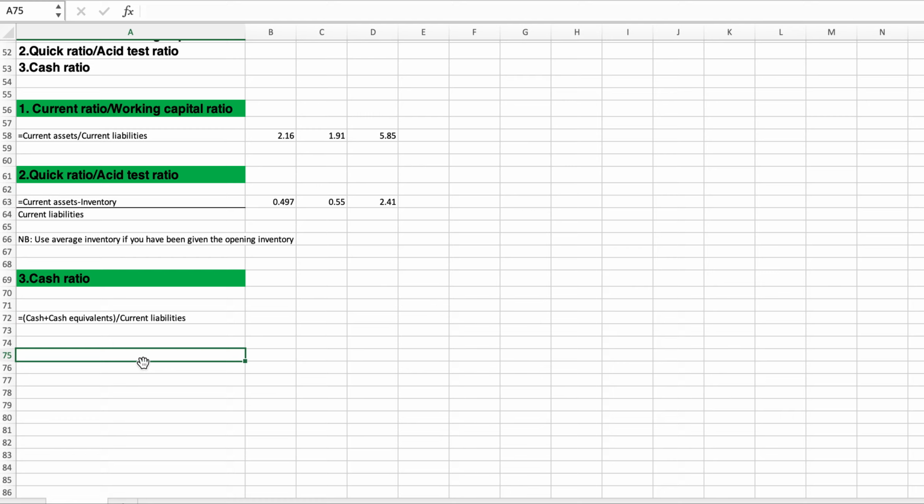So in our question here, for us to get the cash equivalents, they include investment income. They also include bank overdraft.